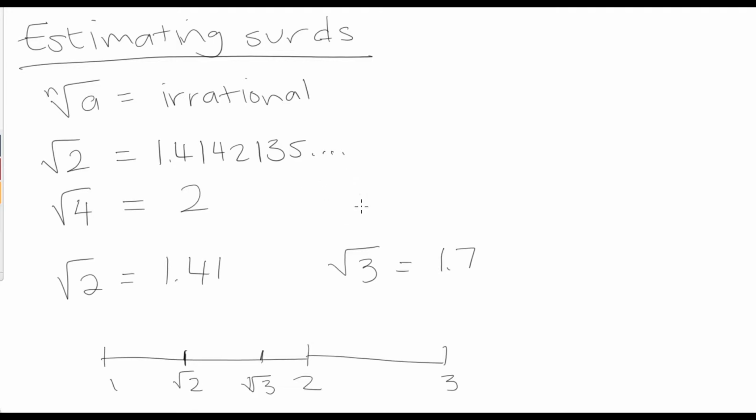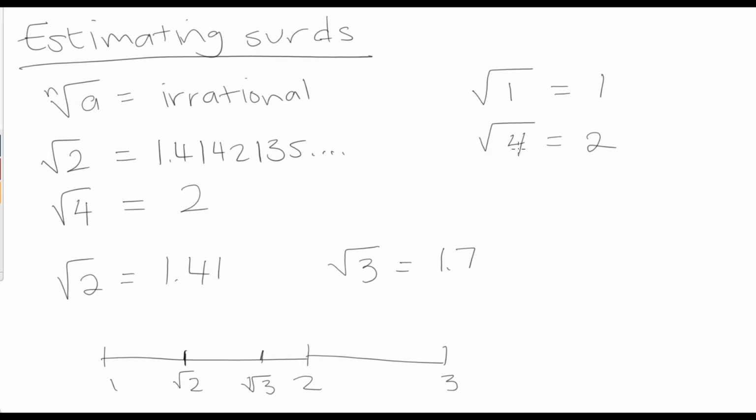So the way that we can tackle that is, let's try and find a perfect square that we know the square root of, and we can use that to be able to estimate. So let's say we take the square root of 1. We know that the square root of 1 is 1. We know that our next perfect square is going to be 4. The square root of 4 is equal to 2.